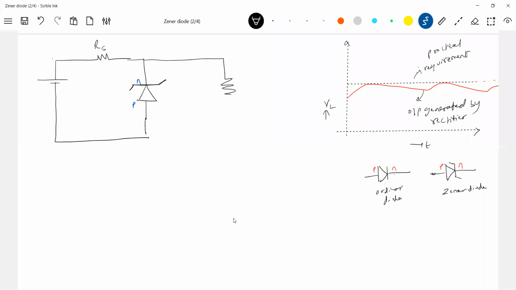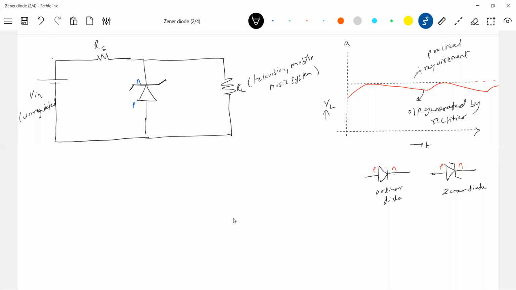This is a load. Now what is a load? A load is something like your mobile, and this is unregulated, coming from the rectifier. This I'll call Vin. Load can be a television, mobile, some music system, anything.